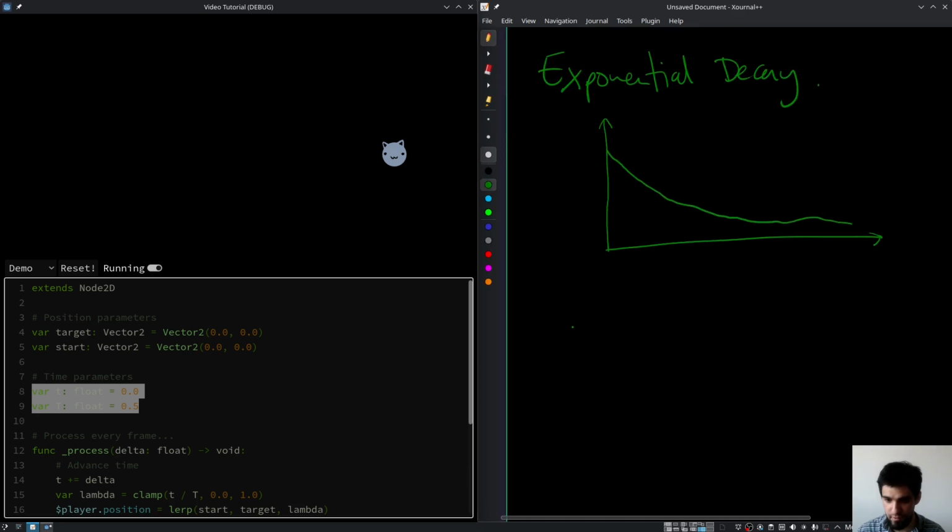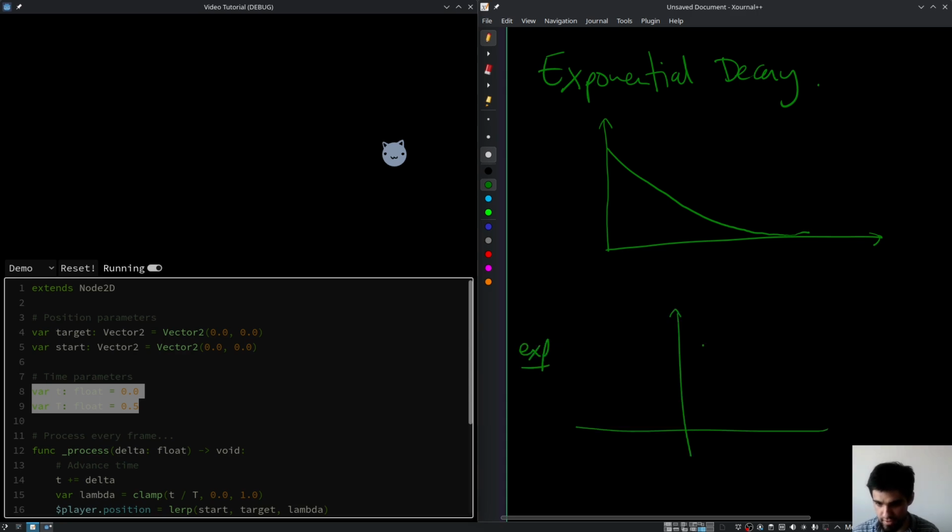So what does it reach? Well, it never reaches 0, but it gets very, very close to 0 the further away you go. And so the exp function looks like this.